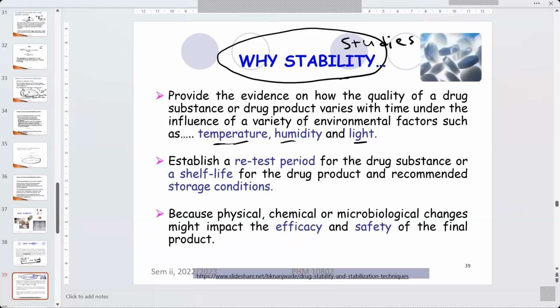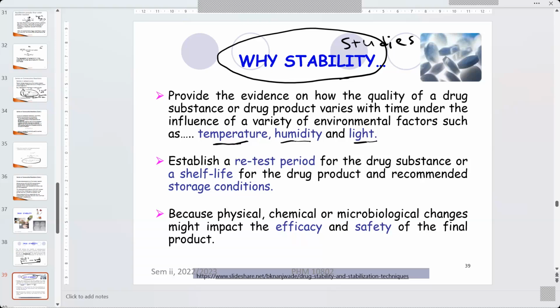It will help to understand the difference. I can study the stability under different conditions, under different temperatures, under different humidity values, under light and in darkness, and I see the effect of all these factors. If I found that my drug, for example, degrades quickly if exposed to light, then I should protect it from light. I have to use a good, suitable packaging that will protect from light.